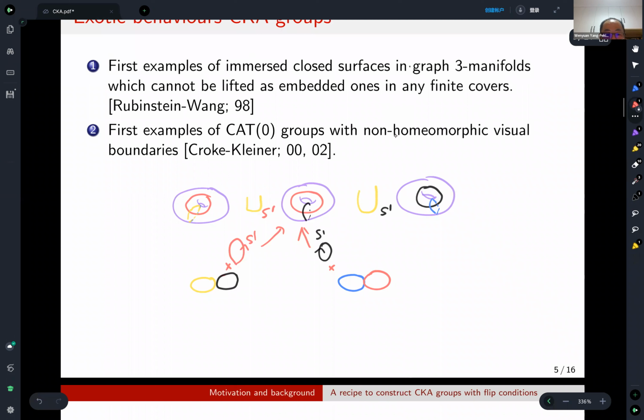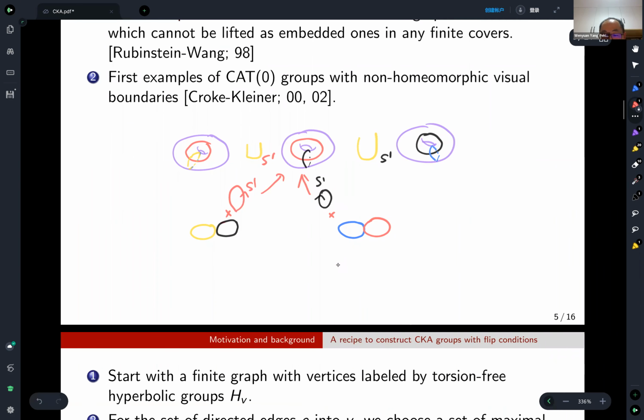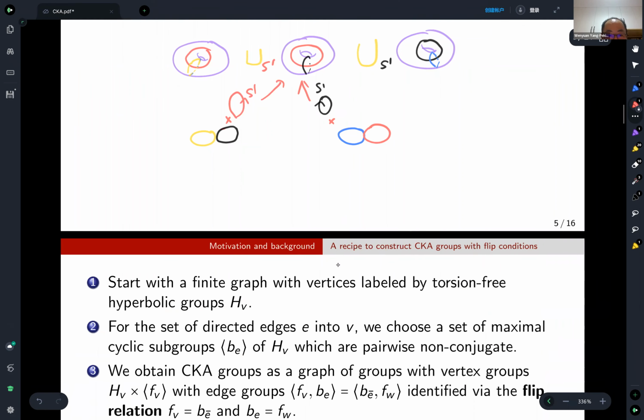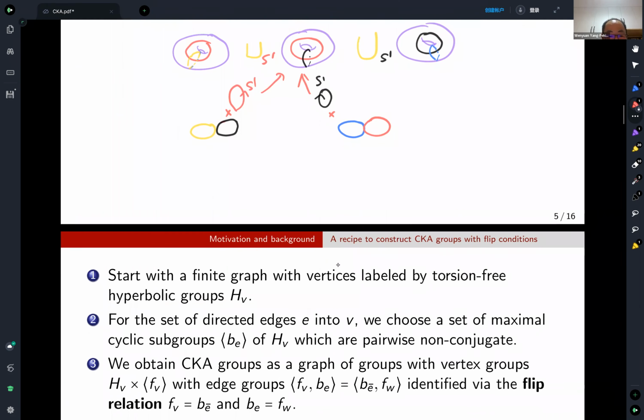So from this construction of Croke-Kleiner groups, in fact we have a recipe to construct CK groups with some flip condition. Modeling on this example, we can start from any graph with vertices labeled by hyperbolic groups.